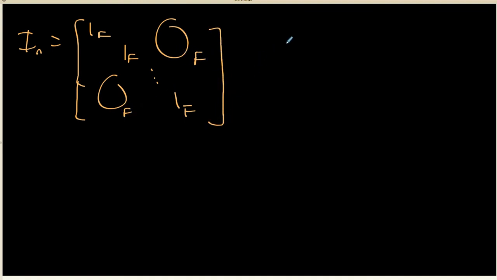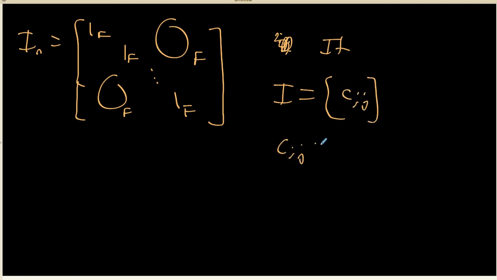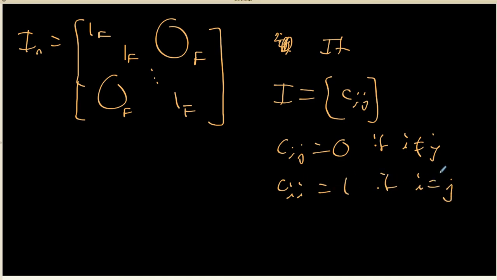In other words, if I write capital I equal to, say, Cij, then Cij is equal to 0 if i is not equal to j, and Cii is equal to 1. It doesn't matter what field we're in, so I'm going to put subscripts on that additive identity and multiplicative identity.